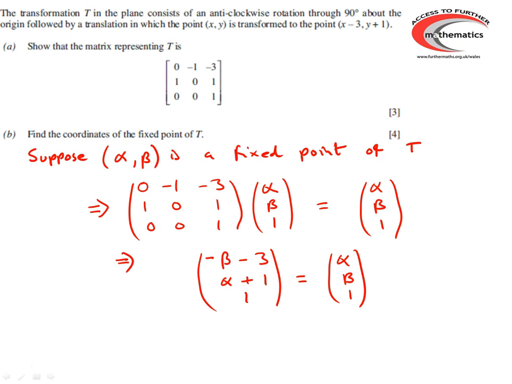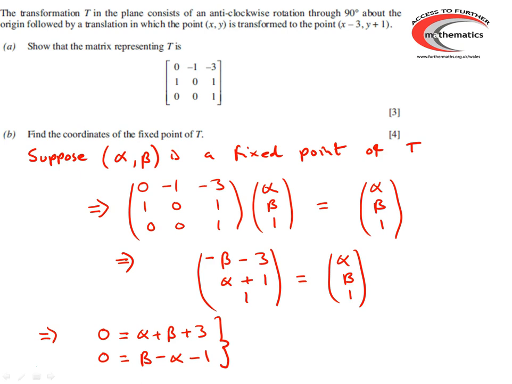So we have some simultaneous equations here. Looking at the x coordinates first of all, we've got -beta - 3 must equal alpha, which I can rewrite as alpha + beta + 3 = 0. And I've got alpha + 1 must equal beta, or 0 = beta - alpha - 1.